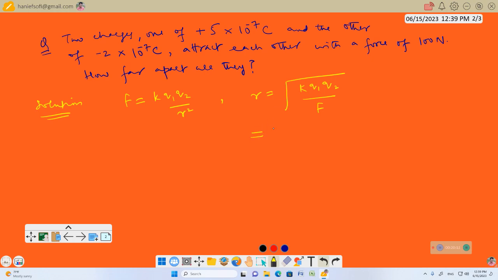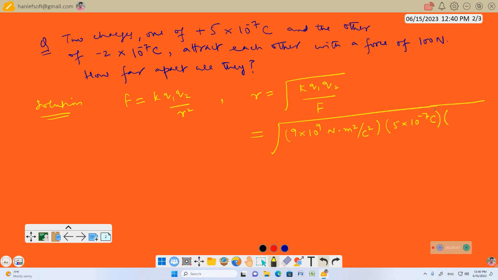So let us put the numbers. K is 9 into 10 raised to the power 9 in SI system, that is Newton meter square per coulomb square. Then I have one charge which is 5 into 10 raised to the power minus 7 coulomb.